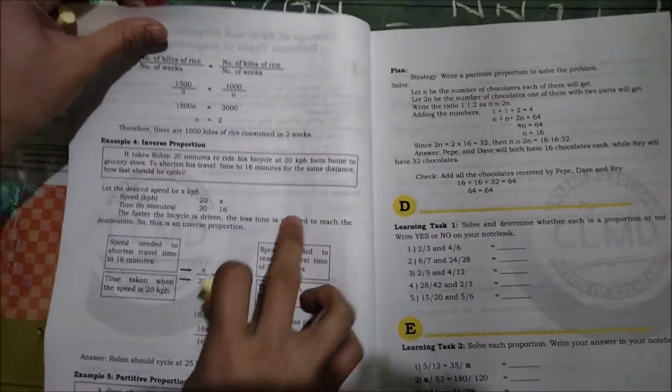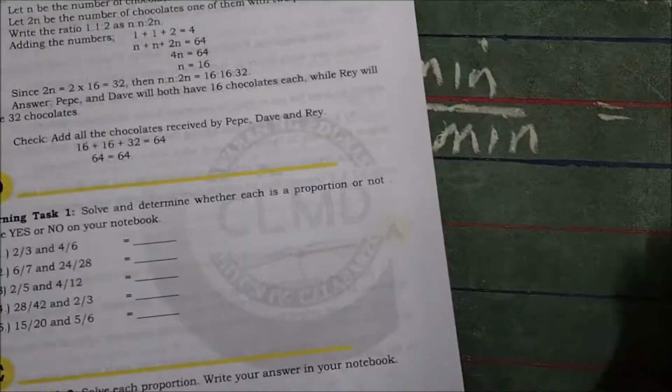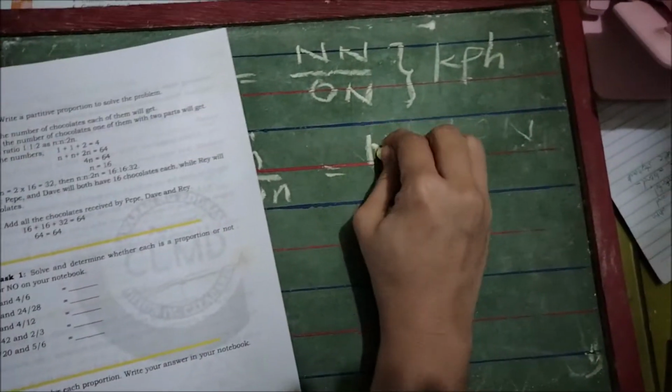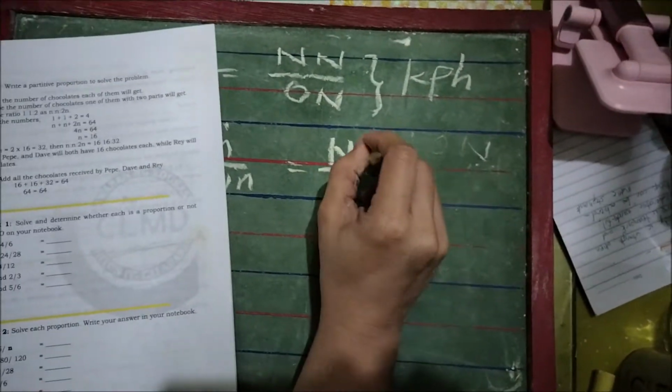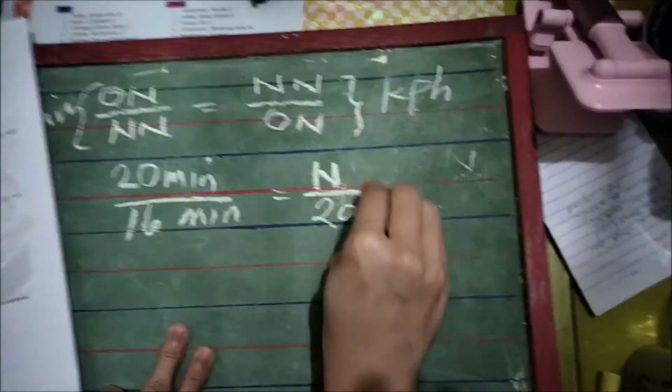So do we have a new kilometer per hour? It is missing. Let us represent it by letter N. How about the original kilometer per hour? The original kilometer per hour is 20 kilometer per hour.